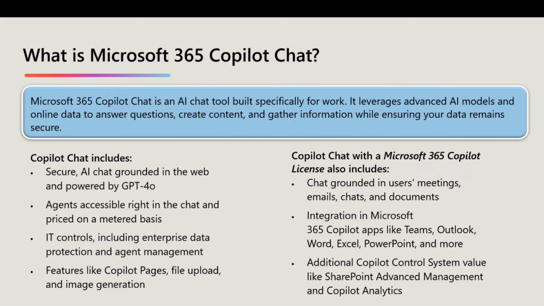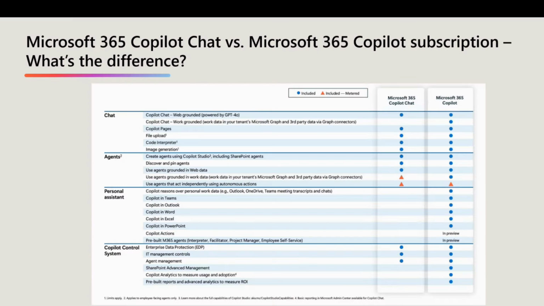So if you want to add your own custom data, you will need a license which will include all of that. That is the difference between the two, though the name is the same.